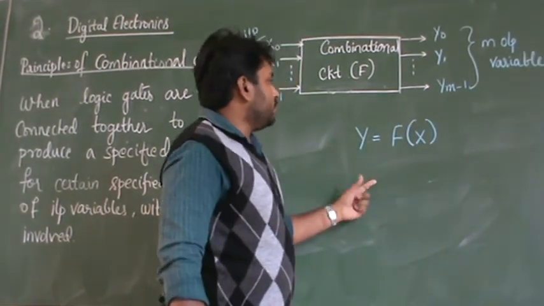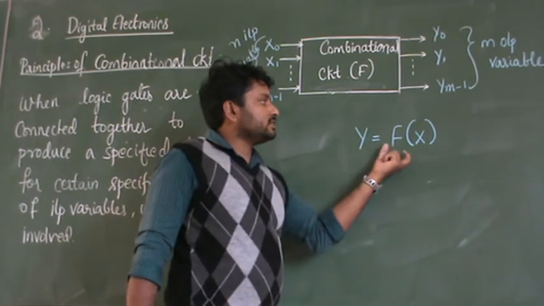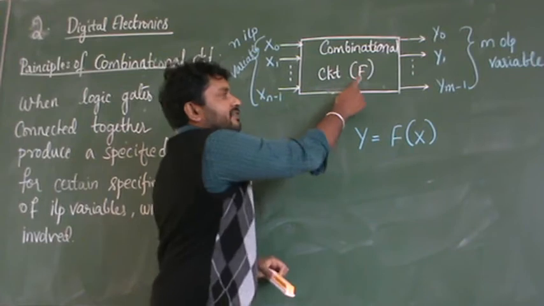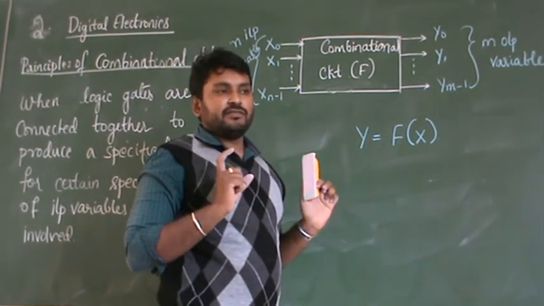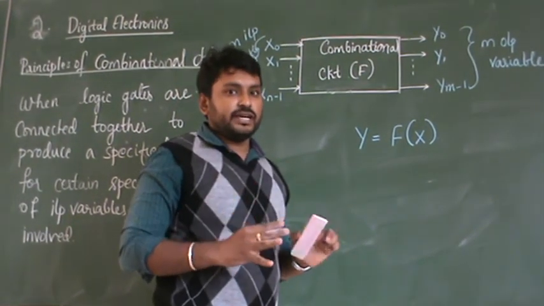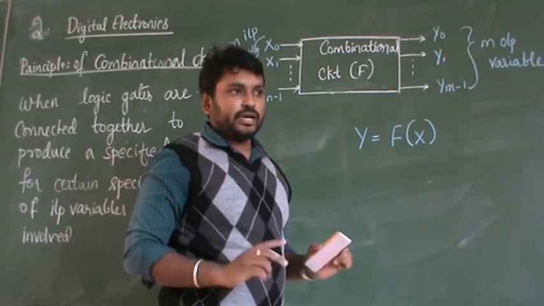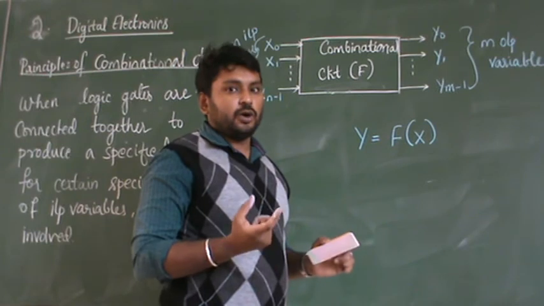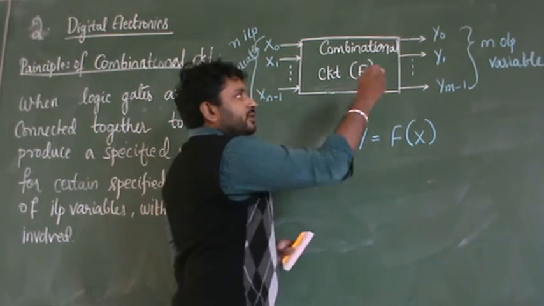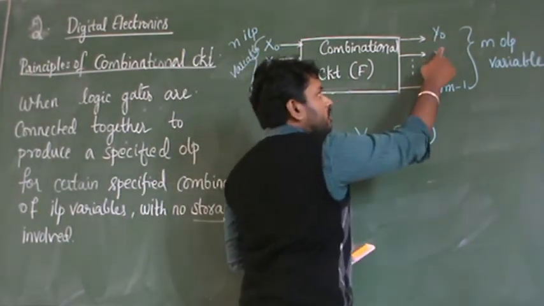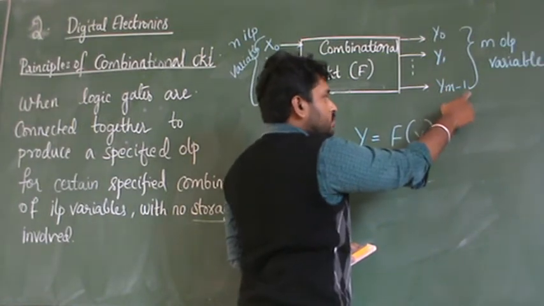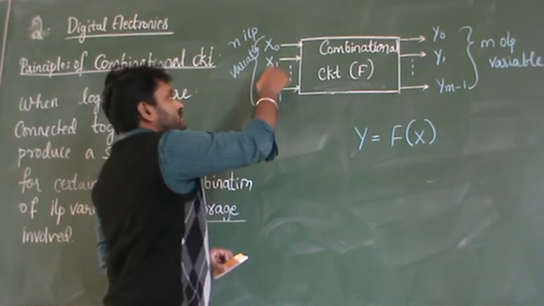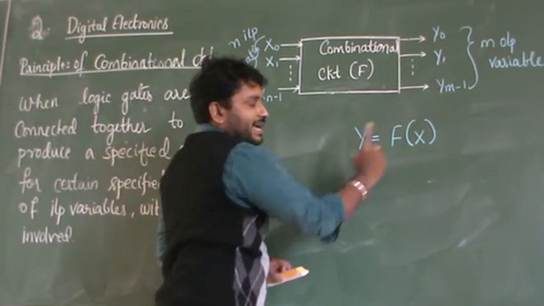Now can I write it as y equals f of x? I am representing this combinational circuit as f. F is nothing but a function, a set of logic gates which are connected in order to provide a specified output. Can I call the whole set y0, y1, till yn minus 1 as y, and x0, x1 till xn minus 1 as x?